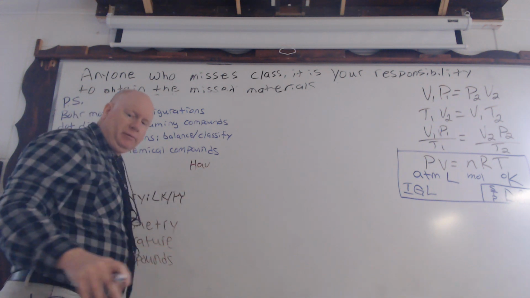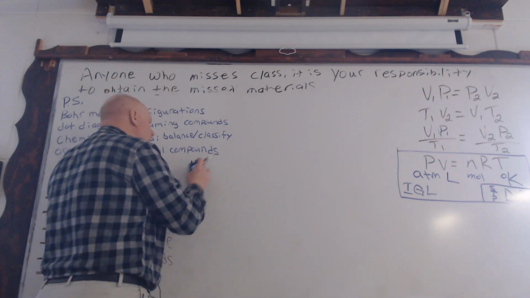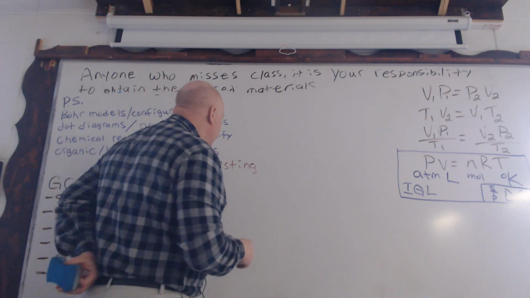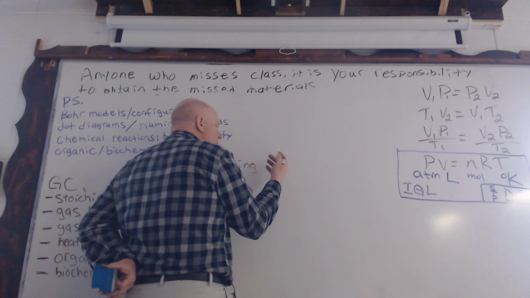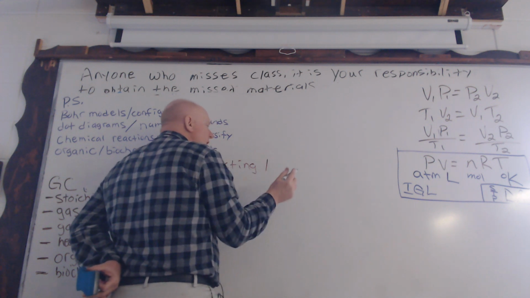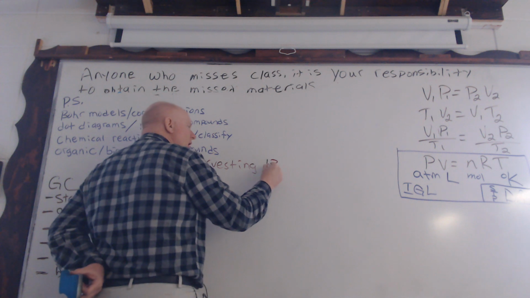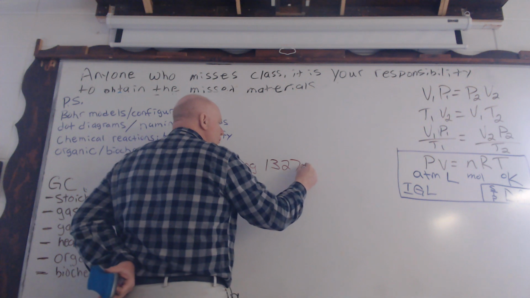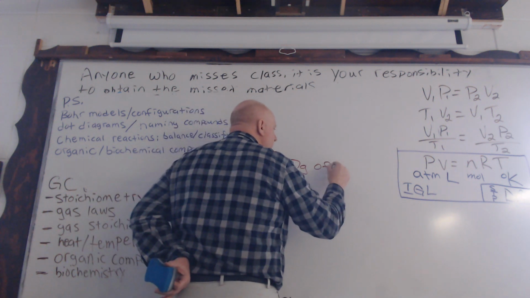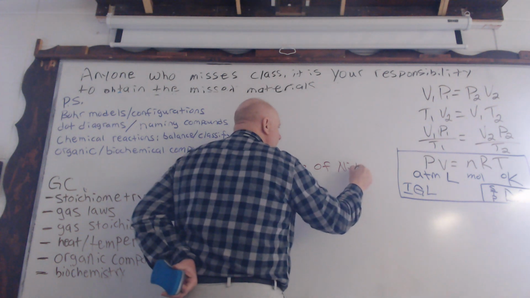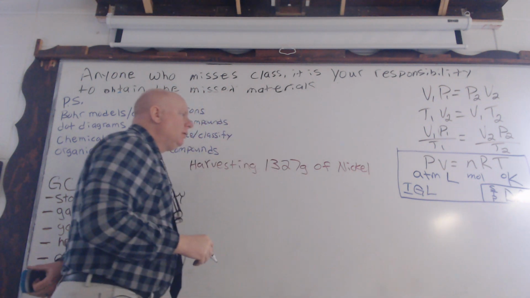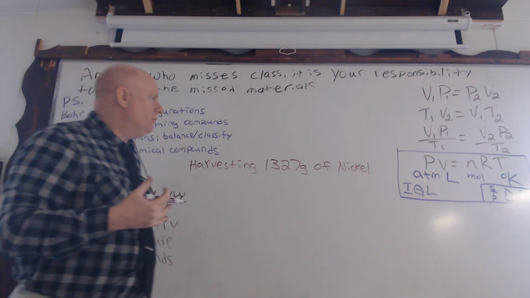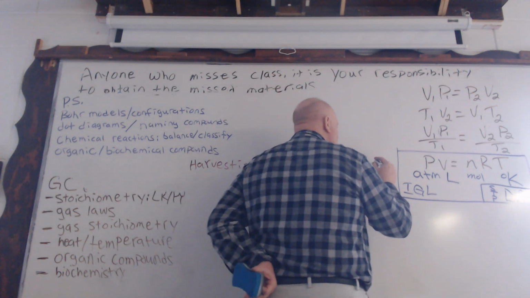Harvesting, oops. Quite a large sample. Well, I guess I don't know how much large would be. 1,327 grams of, I would be led to believe that this nickel ore would be this here.